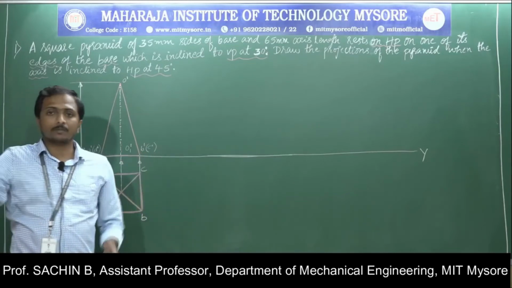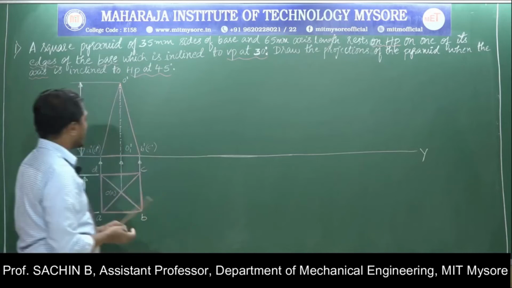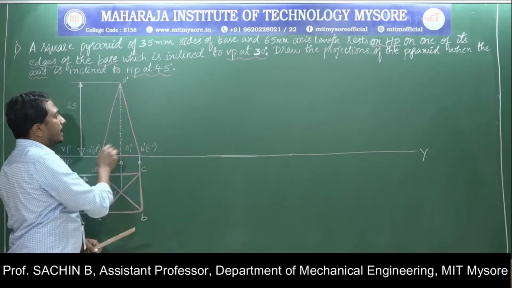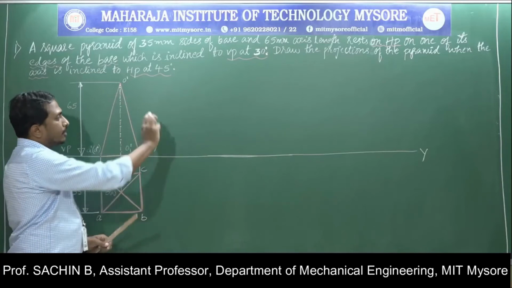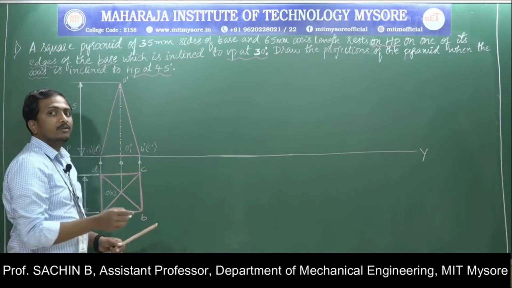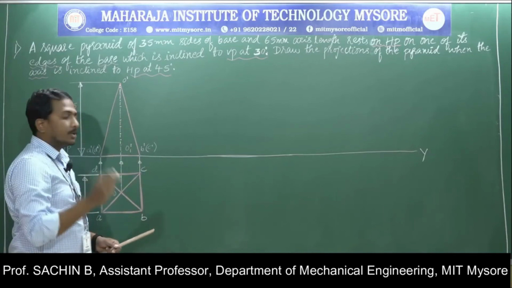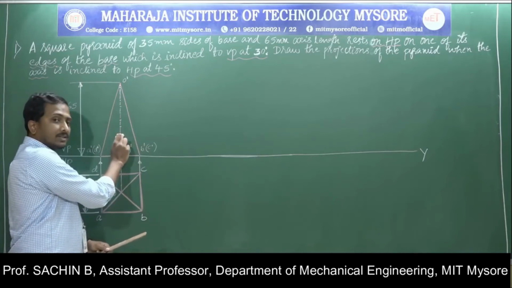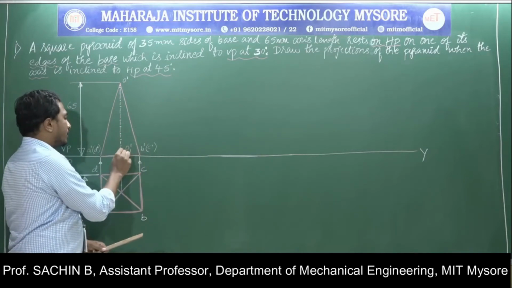For the construction of that particular second position, you can clearly observe here, one of the key points is that the slant edge is present. It's very difficult to write the second position of the front view of the object directly. To overcome that issue, they gave the angle of the axis with reference to HP.